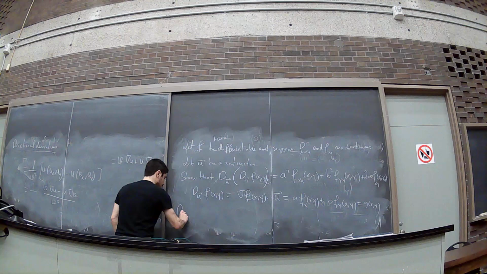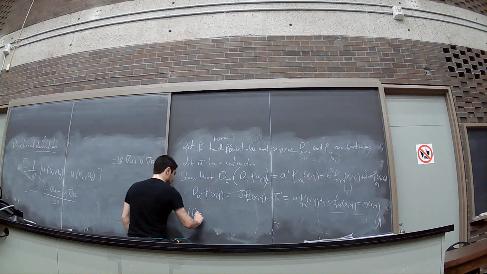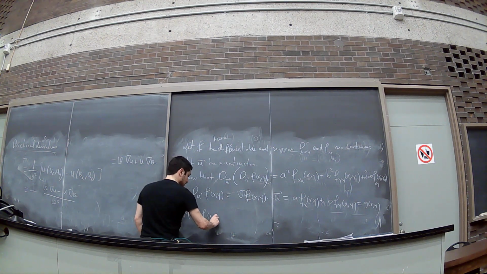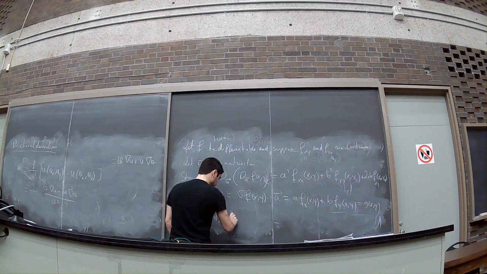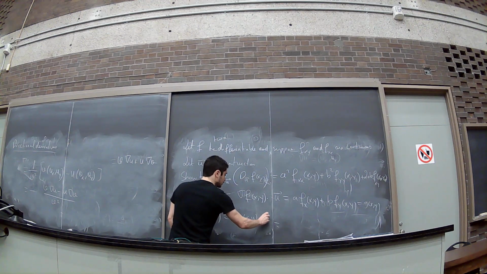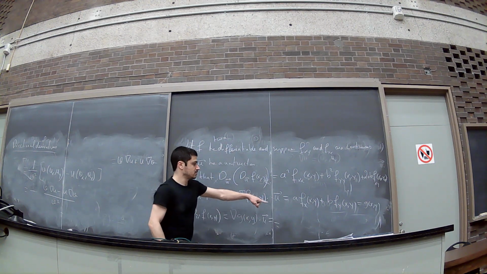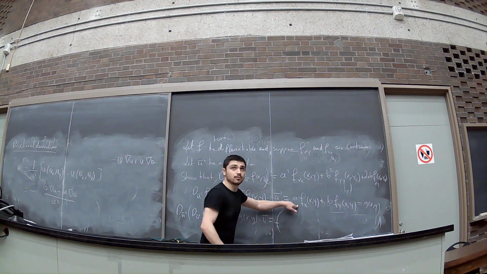So du fxy is equal to what? It's the gradient of g xy dot u. What's the gradient of g? First component, what is that?